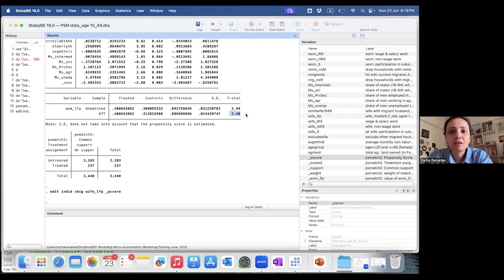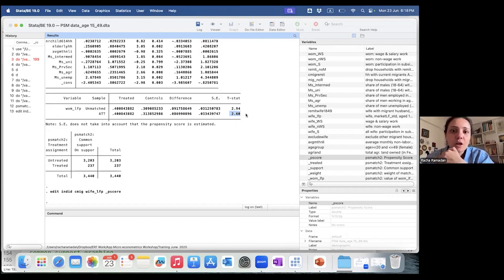So let me ask you a question based on these results. Can we say that the labor force participation of the treated is significantly different from the labor force participation of the non-treated?